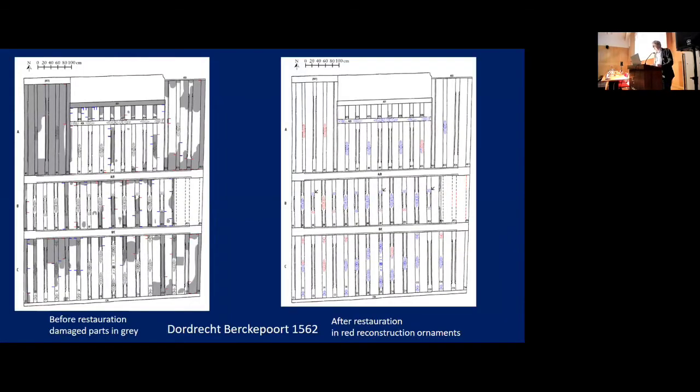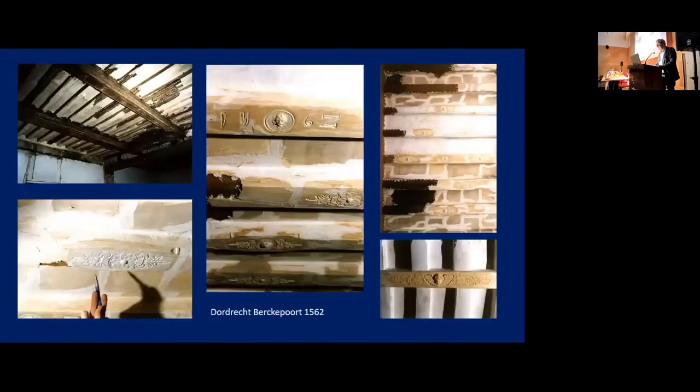In Dordrecht, we have a stucco ceiling built up in clay and mud, and the finishing layer is a lime layer with impressed ornaments and also little ornaments cast and put on the ceiling.